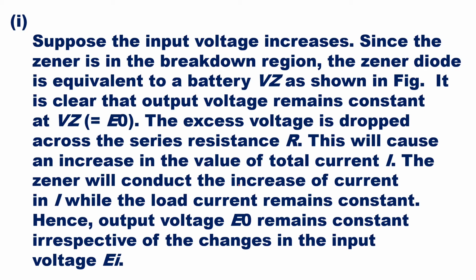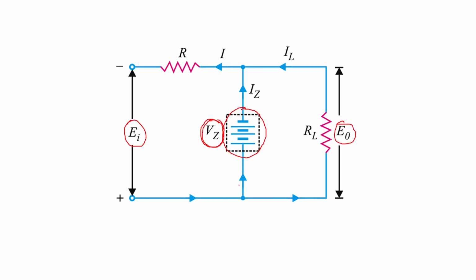So what does this mean? If you increase this input voltage, and say it has reached your Zener voltage, that is the breakdown voltage, and above that you keep increasing.